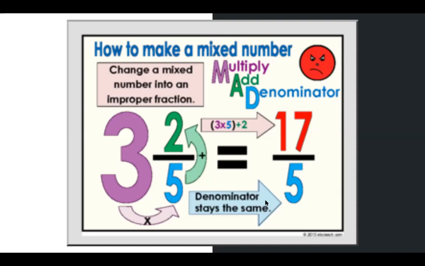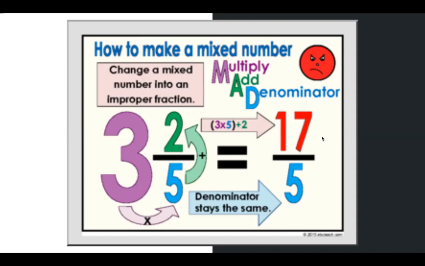Let me start with this: once I get an improper fraction, how do I make it look like a mixed number? The answer is simply divide. 17 divided by 5. When we set that up, we see how many times 5 goes into 17. It goes 3 full times, and there will be 2 of the fifths left over.